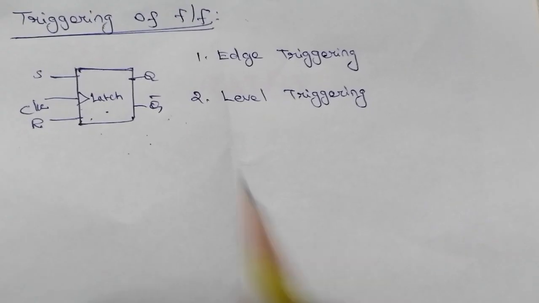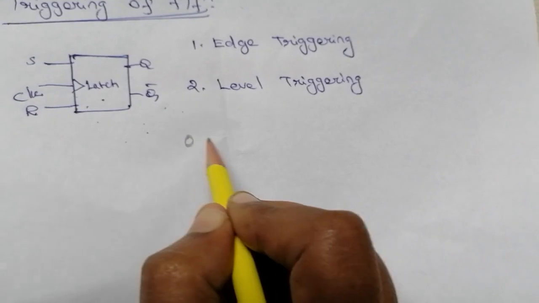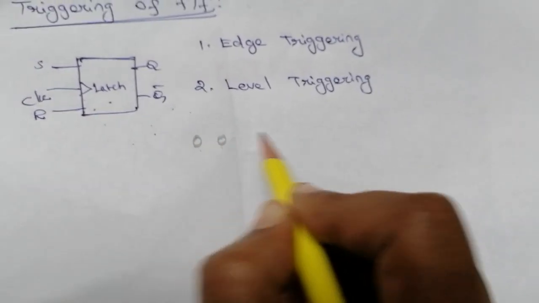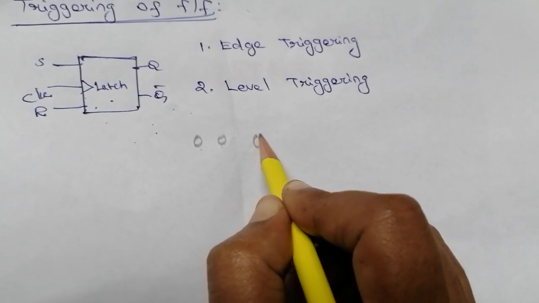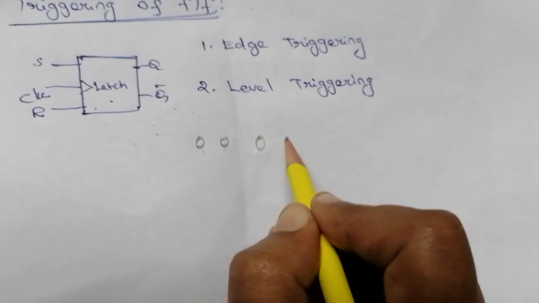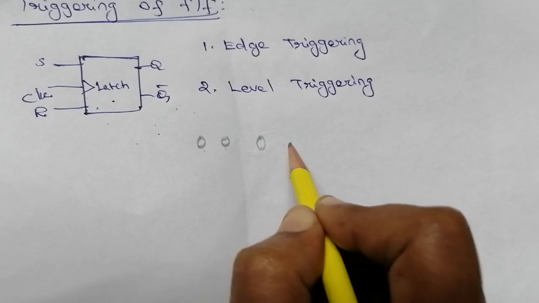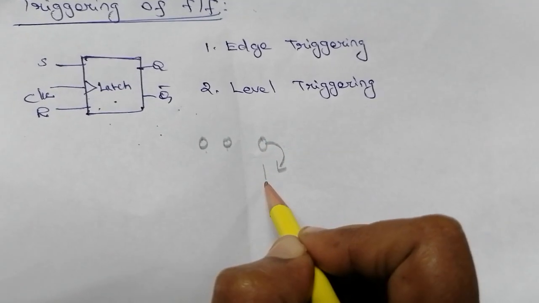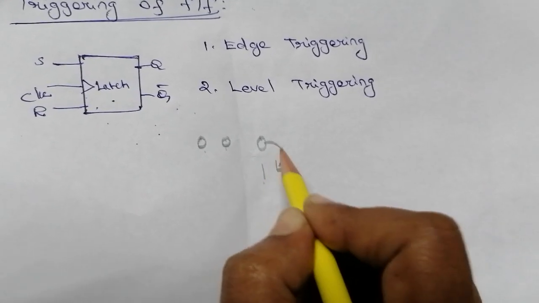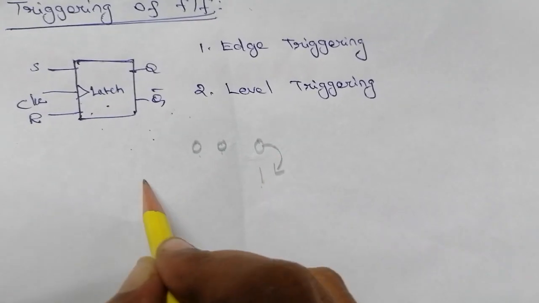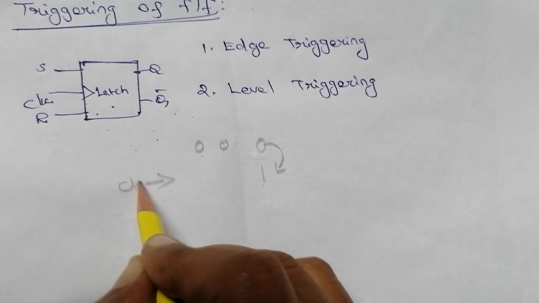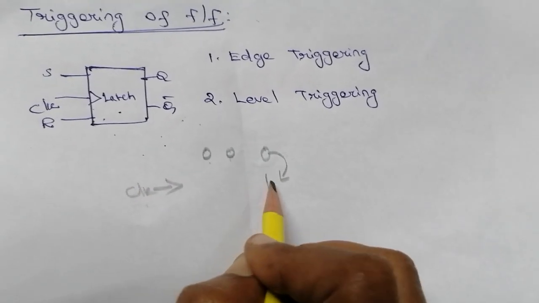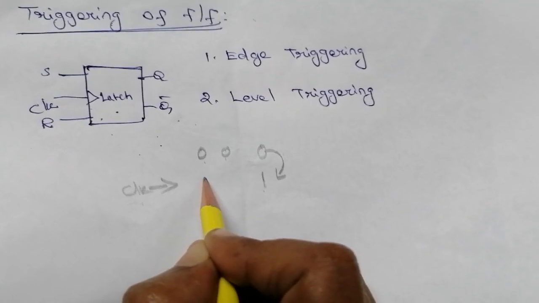I can explain this in a very simple manner. Let's consider our input is 0 0. In this 0 0 combination, our next state Qn+1 is the same as Qn, which is 0. If we want to change the state from 0 to 1, it will happen only when we apply the clock pulse, and the output depends upon the applied input.